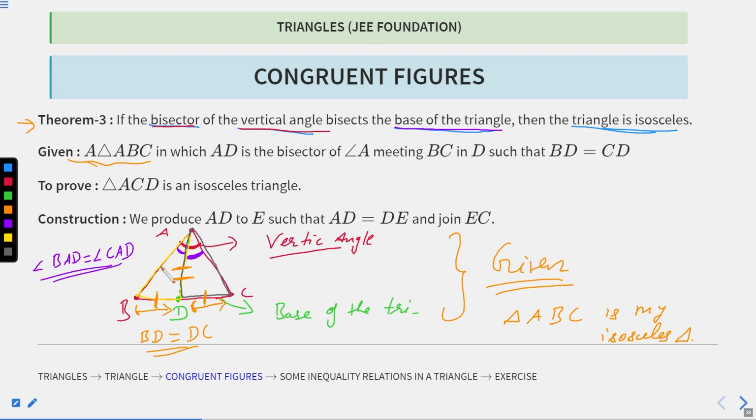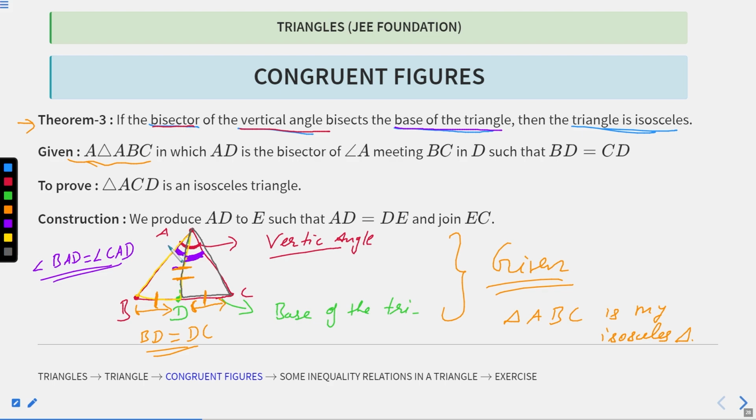We also know that this purple angle A in triangle ABD is equal to the other purple angle in triangle ADC.